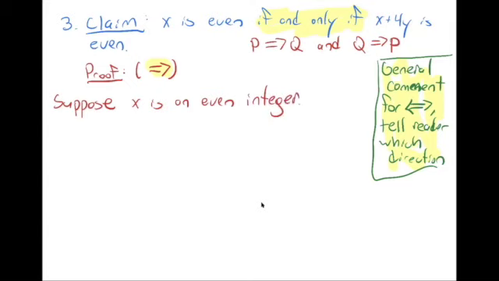When we're talking about numbers being even or odd, we're only considering integers here, but that was stated in the original claim too. So we're going to suppose that x is an even integer.